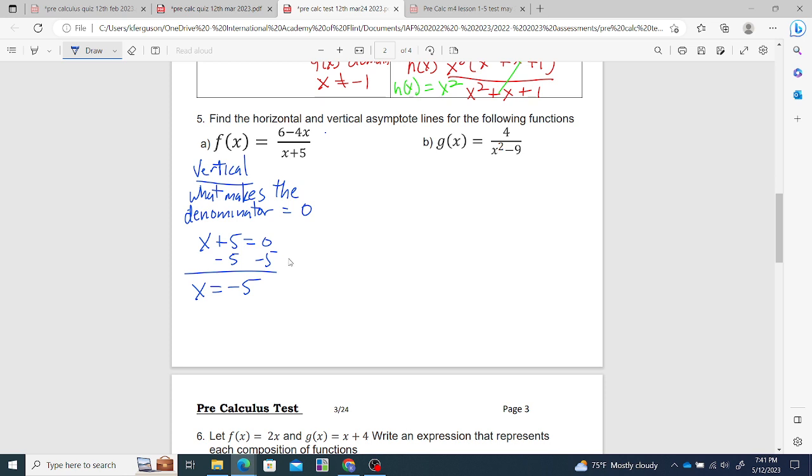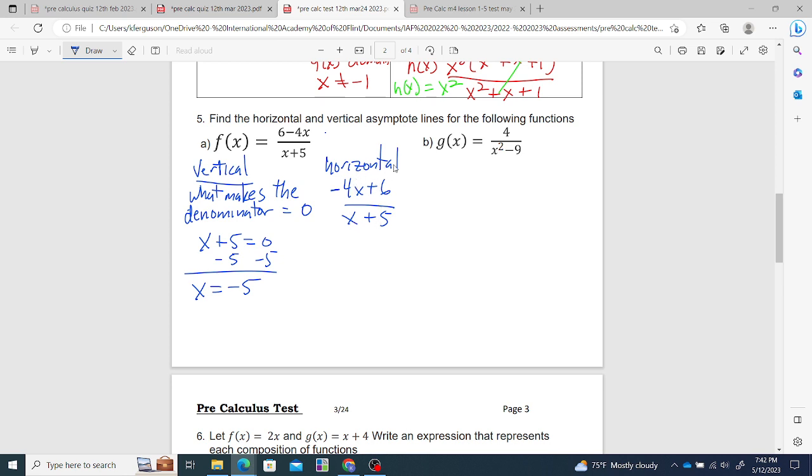So the horizontal asymptote is a little different. I need to look at my variables. The numbers, the constants, they kind of fall off. I'm going to reverse this and make that -4x plus 6. All I did was switch the order over x plus 5. So I can just focus on the x's. These two things are going to fall off.